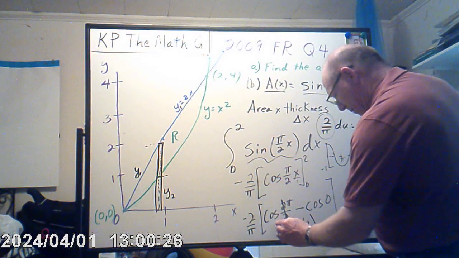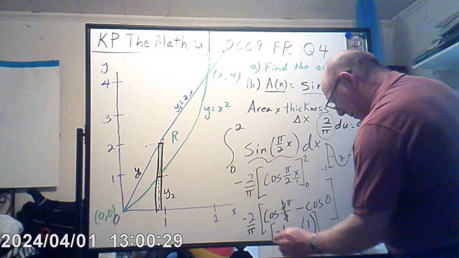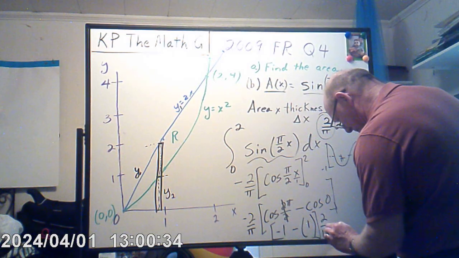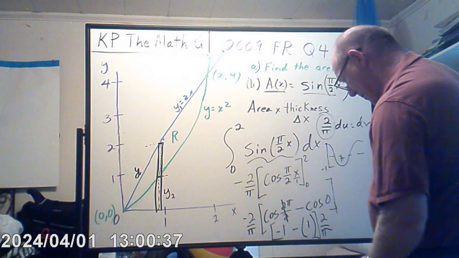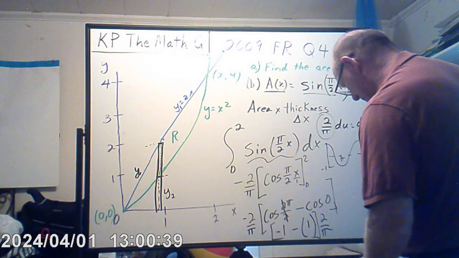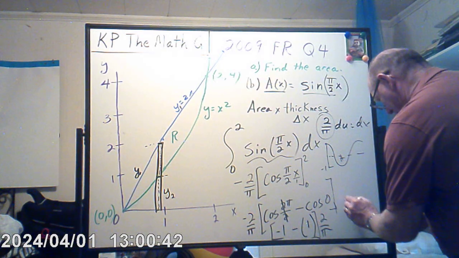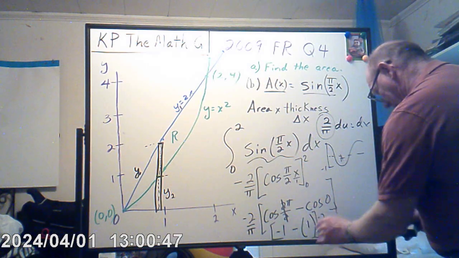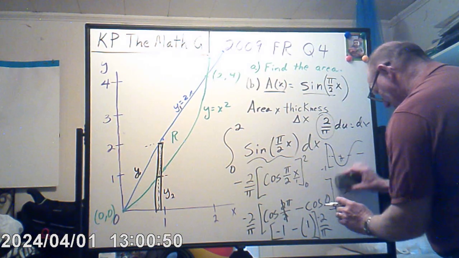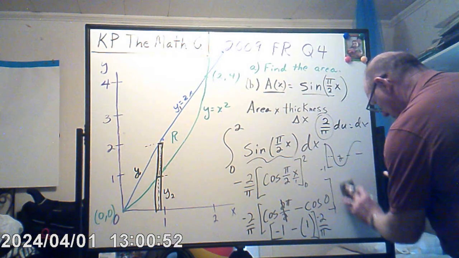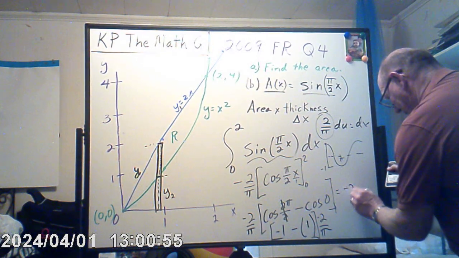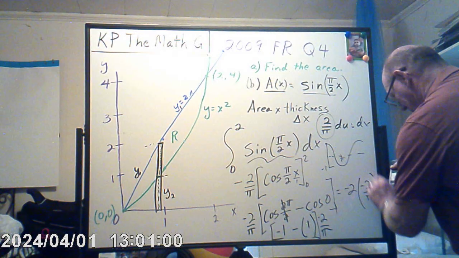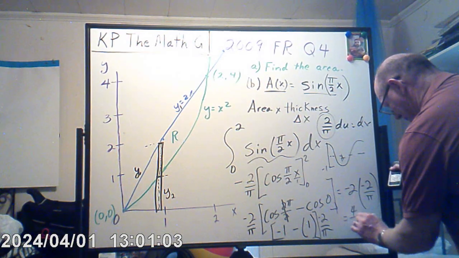So negative 1 minus 1, and we're multiplying that by negative 2 over pi. Negative 1 minus 1 is negative 2. So this is negative 2 times negative 2 over pi, which is equal to 4 over pi.